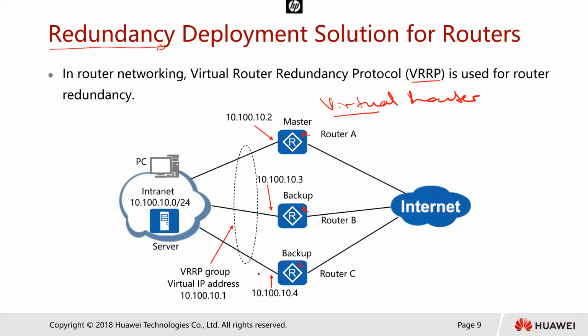This virtual router gives us a virtual IP address, and we use this virtual IP address as the default gateway on the network. So all these routers use one virtual IP address as the default gateway for the intranet. So we have a master router.